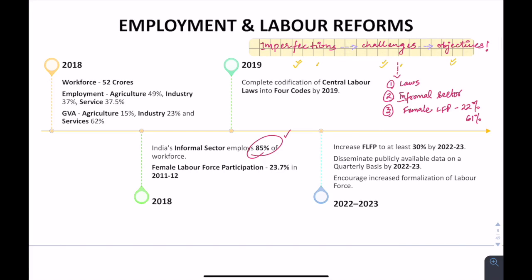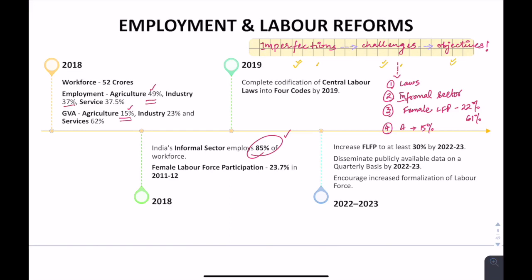And number four, the major challenge that we are facing today is the gross mismanagement of our workforce, because the majority of our workforce is working in agriculture, but agriculture contributes only 15% to GDP. The data is available right here. If you see here, agriculture employment is 49%, but the contribution to GDP is only 15%.